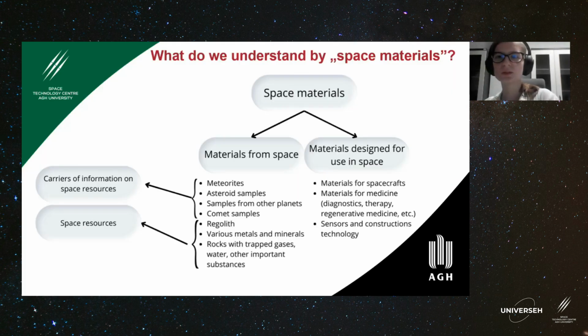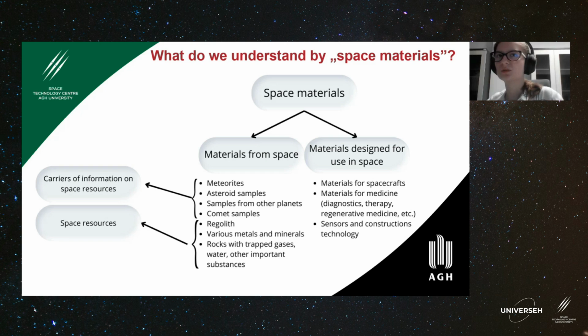So yeah, what do we understand by space materials? I think the first division would be to say that those are materials from space and materials that were designed for use in space. Of course, there are also materials that were designed just as materials and are also used in space, but I would still put them into this category of materials for use in space, but still manufactured in terrestrial conditions.